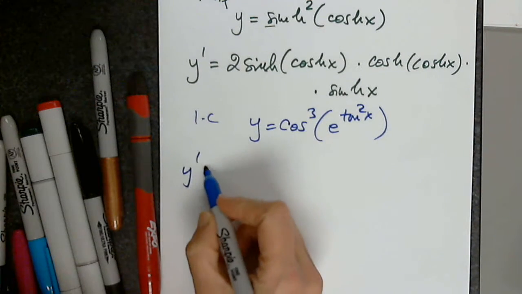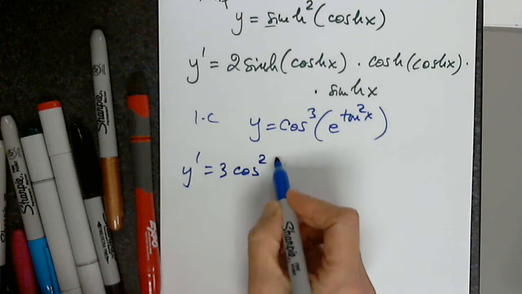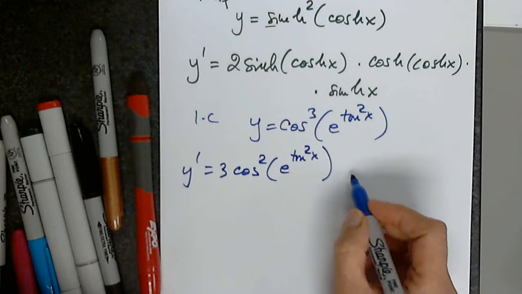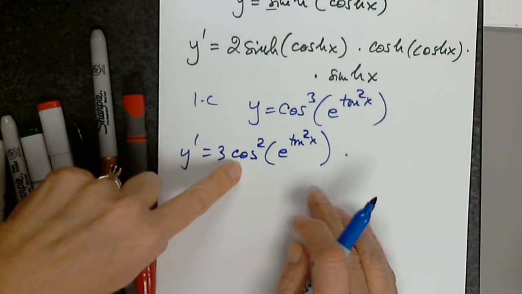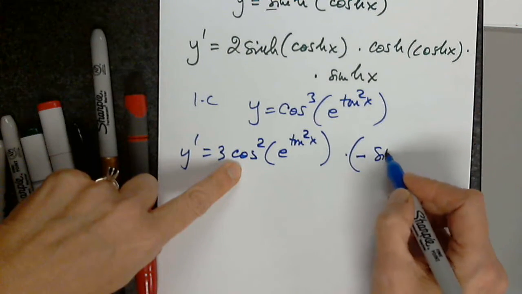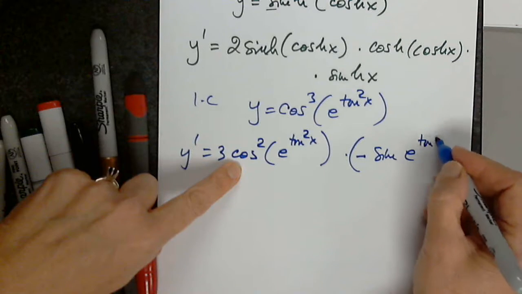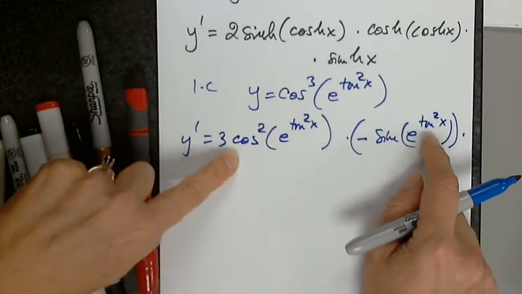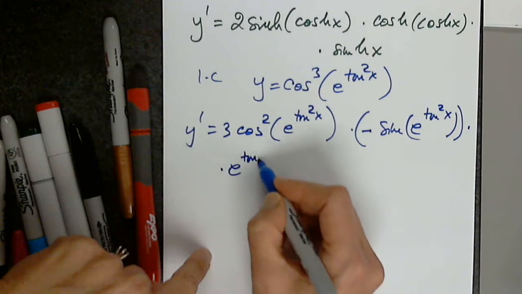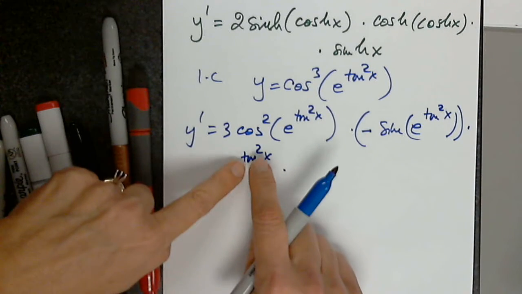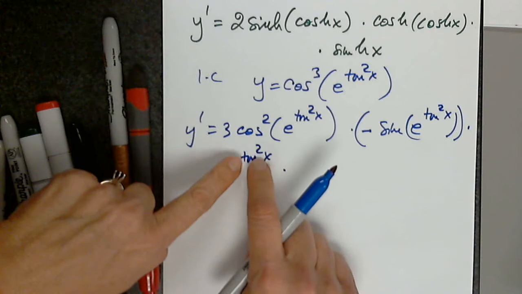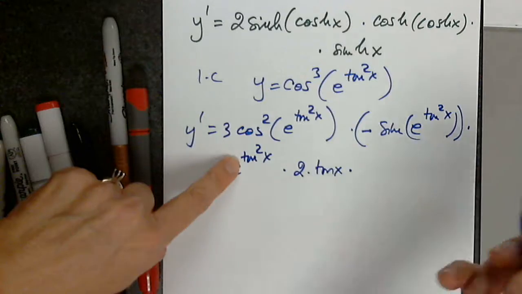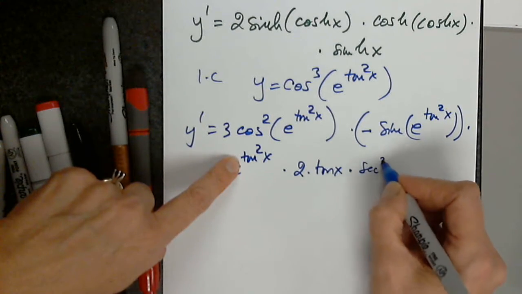So then y prime equals 3 cosine squared of e raised to tangent squared times cosine prime, which is negative sine e to tangent squared, times e to tangent squared prime, which is e to tangent squared, times the inner function prime, which is tangent squared prime, which is 2 times tangent x, times the inner function prime, which is secant squared x.